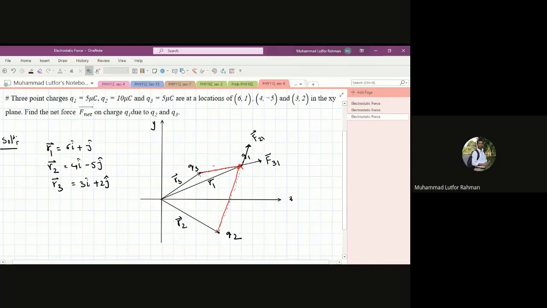For simplicity, I label this R31, I should use that form. This is the R31, and this is the R21 vector.